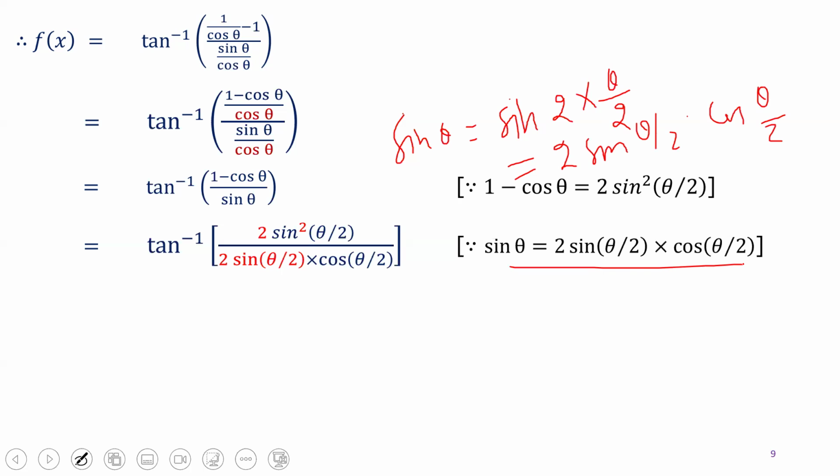Clearly here 1 minus cos theta is written as 2 sine square theta by 2.